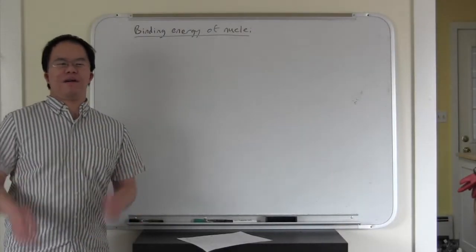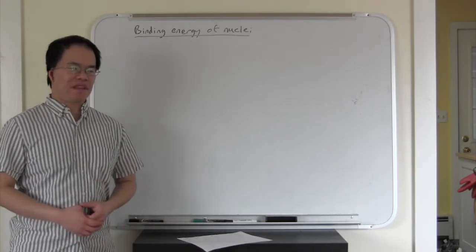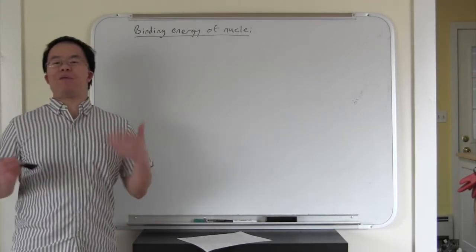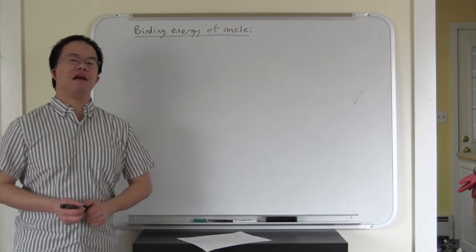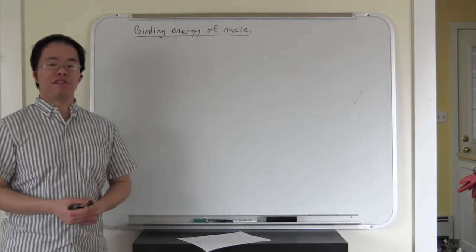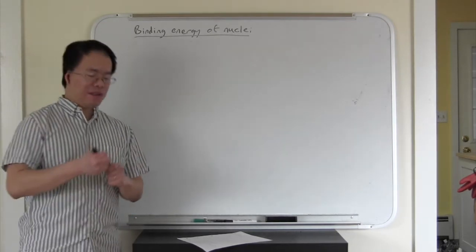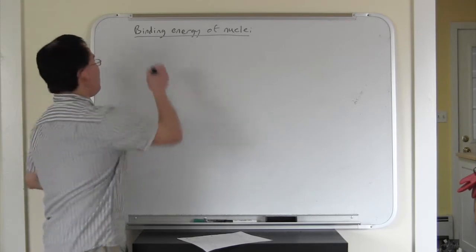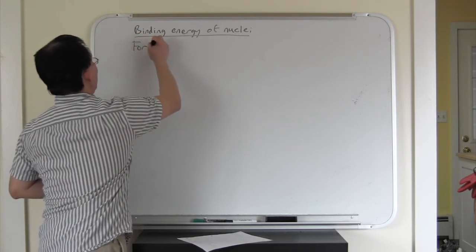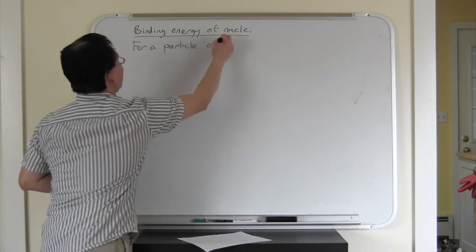And now a few words about the binding energy of nuclei. You'll recall when we talked about relativity that we looked at the total relativistic energy of particles, and that for a particle of mass m at rest, the following holds.